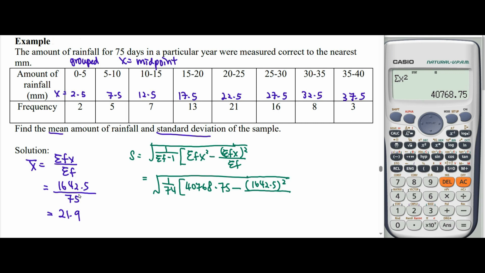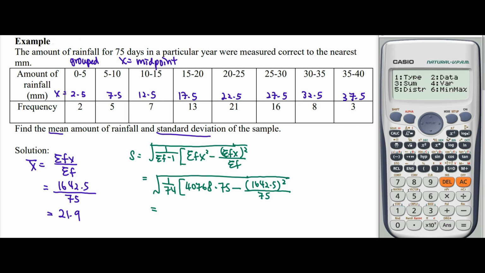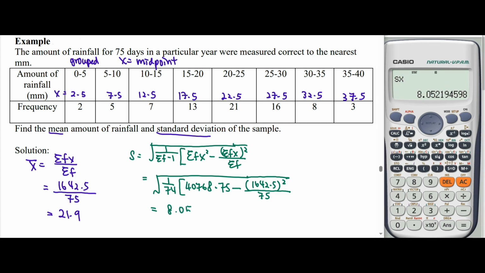And summation of f is the total of the data, 75. So lastly, we find out the reading of standard deviation for the sample, number 4, S equals 8.052. So make sure your decimal here is more than 3 significant figures.